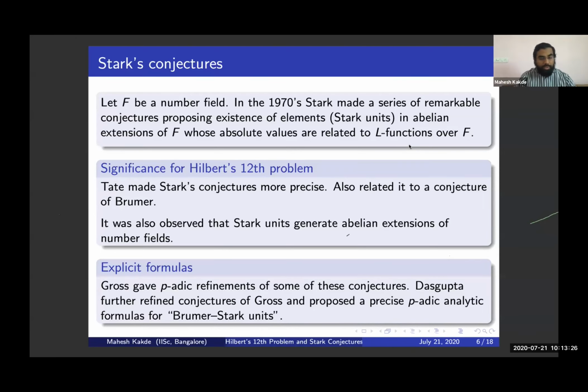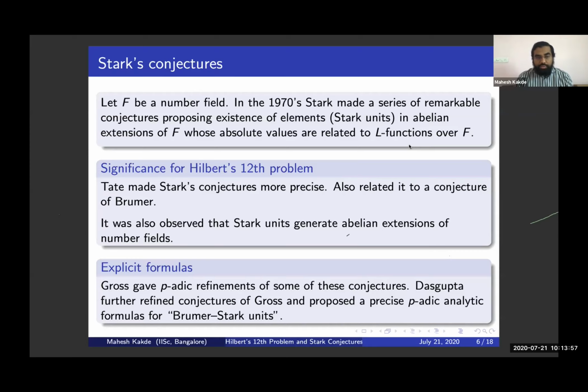Along the same line, Gross gave a p-adic refinement of these conjectures, using p-adic L-functions to refine them. And then finally, about 15 years ago, my collaborator Samit Dasgupta refined the conjectures of Gross and proposed a precise p-adic analytic formula for these so-called Brumer-Stark units.